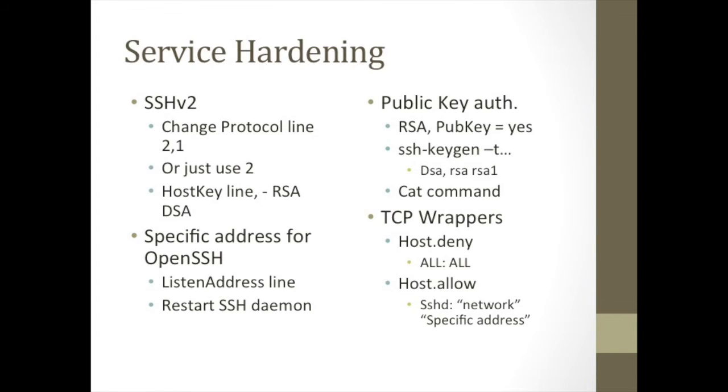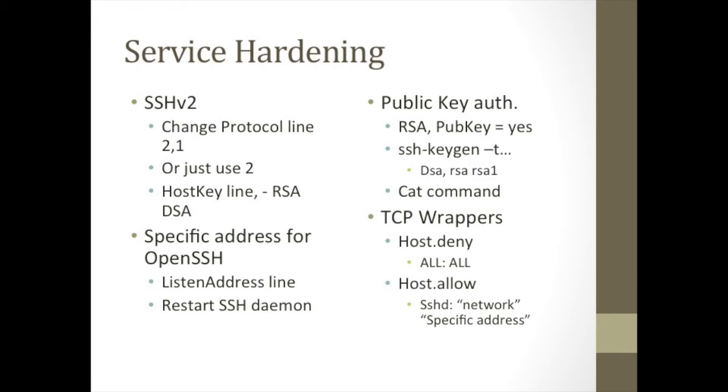The final hardening technique that we are going to use is the enabling of TCP wrappers. In order to do that, you're actually going to have to make sure that the SSH will work with TCP wrappers, and OpenSSH must be built with the --with-tcp-wrappers option.